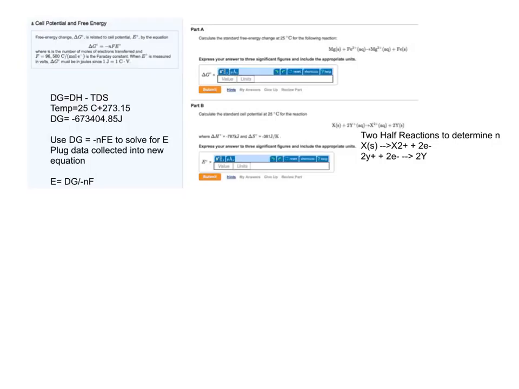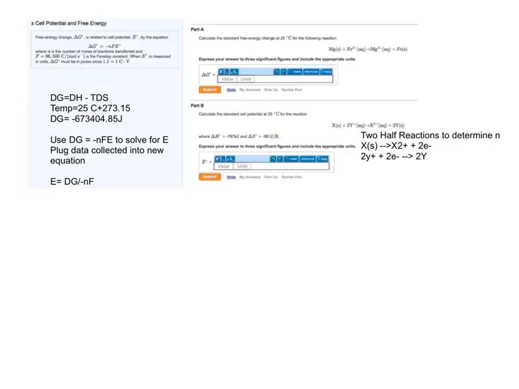Temperature in this case needs to be in Kelvin, so we get the 25 degrees Celsius and convert that into Kelvin. Once we have all the information, which we have here, delta H naught and delta S naught, we plug it into the equation to get delta G naught is equal to negative 673,404.85 joules.